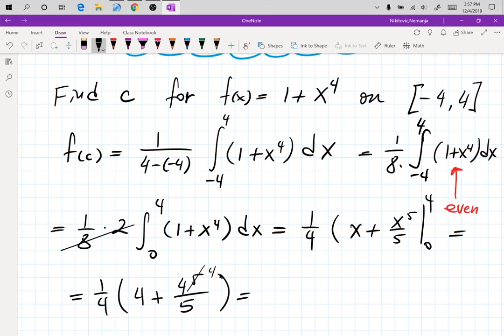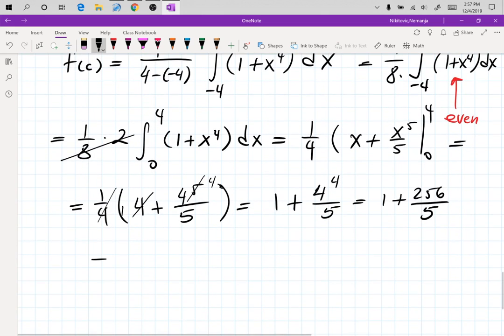So I'll just cancel the 5, put the 4, cancel the 4, put the 1, and cancel the 4 in the beginning here. So you just get 1 plus 4 to the 4th power over 5. So that's 256. So 1 plus 256 over 5.